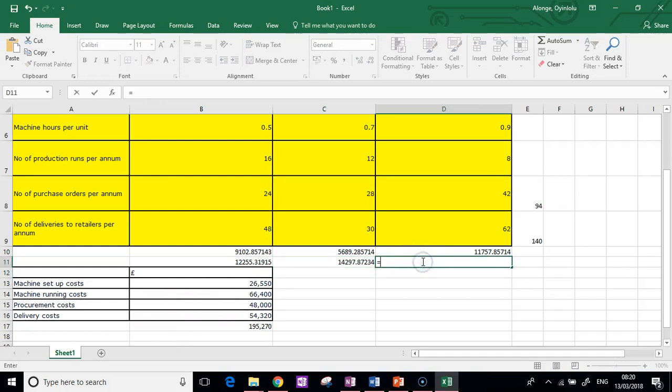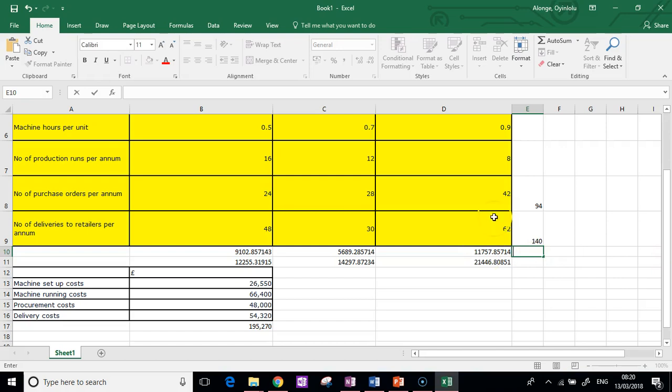And then I have this: 42 divided by 94, and multiply that by your procurement costs, 48,000, and you're there. You can see that if you add this across, these will add up, of course, as you can imagine.